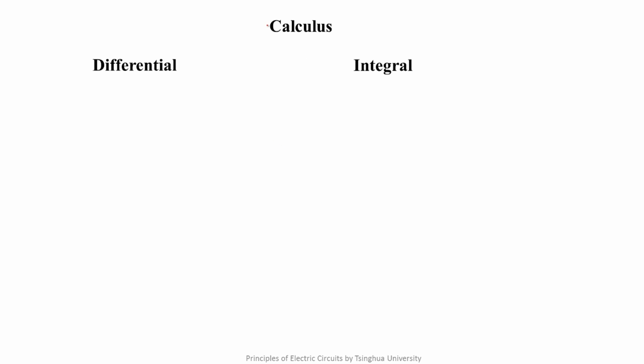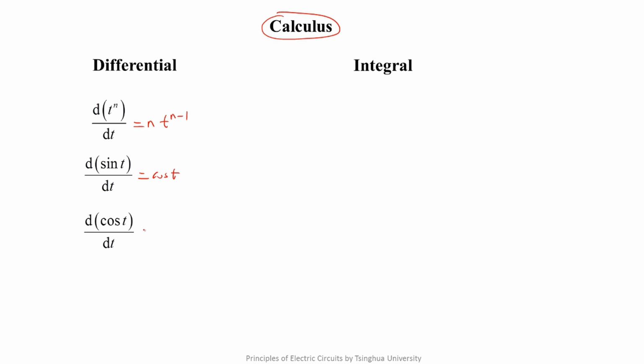With the concept of the differential and the integral, let's discuss calculus. The differential of t to the power of n is n times t to the power of n minus 1. The differential of sine t is cosine t. The differential of cosine t is minus sine t.